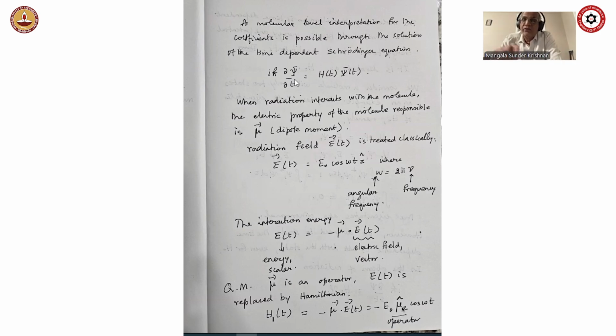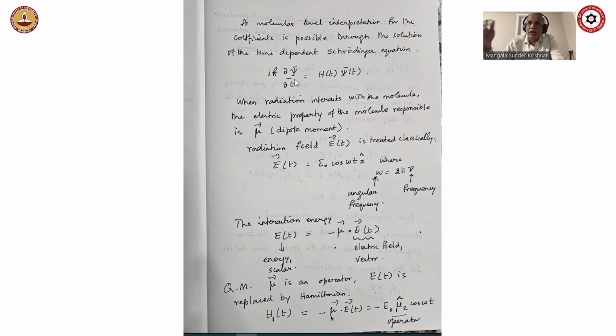Therefore, this is an operator, H1(t), the energy of the dipole interacting with the external field. This is a time-dependent Hamiltonian. This time-dependent Hamiltonian is there as long as the electric field is there. If you turn off the radiation, then the dipole does not have further interaction energy.